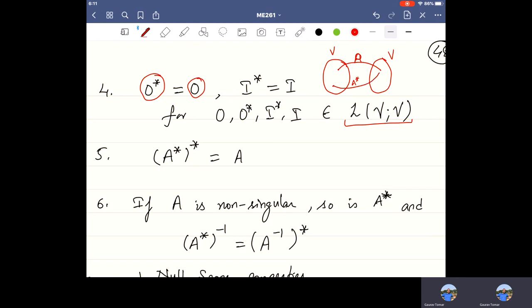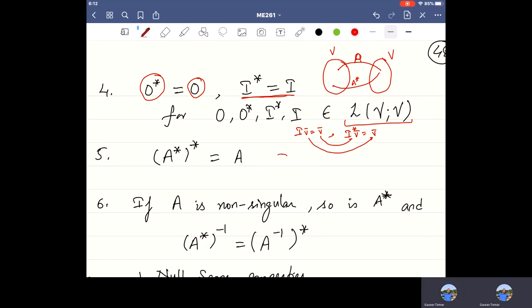Now, the 0 mapping will map everything to 0. So 0 transpose will also map everything to 0 from right to left. In the same way, the identity transformation, I times V, will give you V. This transformation is such that I star, when you operate on this V, will give you V back. So there's a direct correspondence between the two.